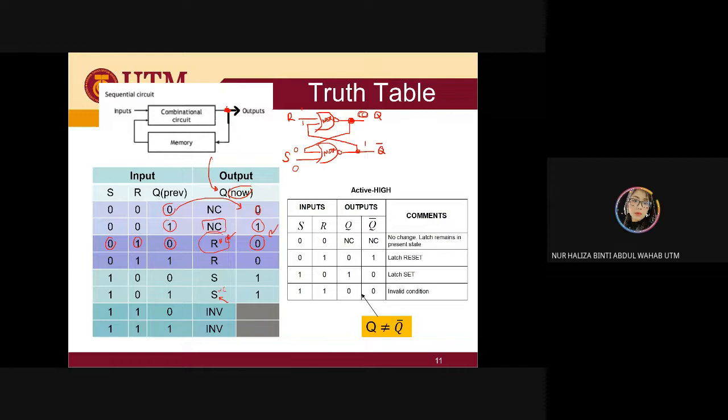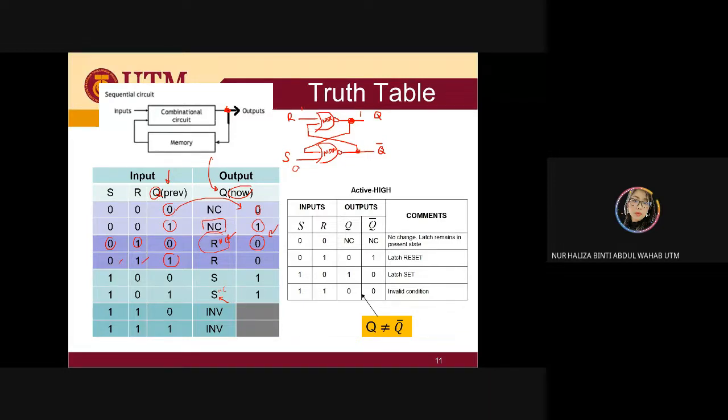Let's take a look at another scenario when you have the similar input, only the difference is your previous output. Previous output Q is 1. Why didn't you put it here? Because this is Q bar. Our given value is our Q. So that's why Q is here. Our S is 0. Our R is 1. 0 and 1.